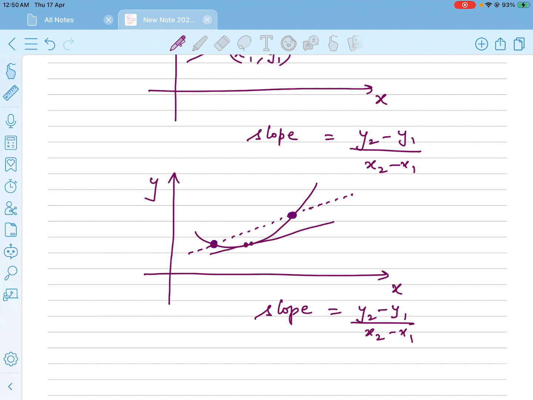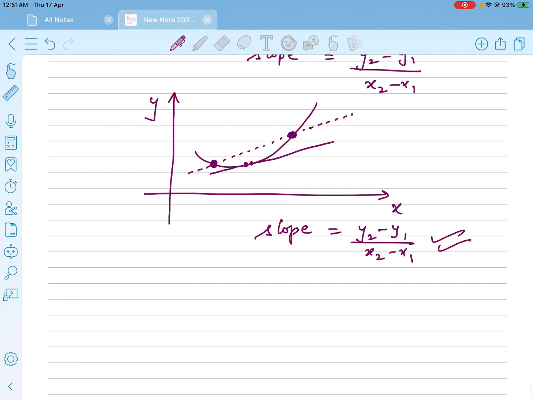I bring these 2 points more close so that the gap between them decreases by a large amount. So the 2 points will be so close to each other that their x values and their y values will be almost same. They'll not be exactly same, but they'll be almost same. In that case, if I try to find out the slope by using the normal method, that will give me the slope of this particular line, which here in this case is called the tangent, right?